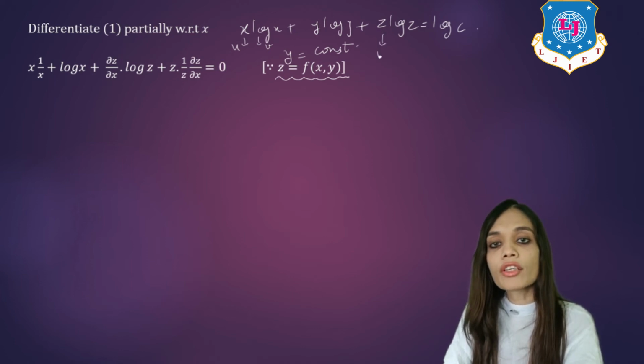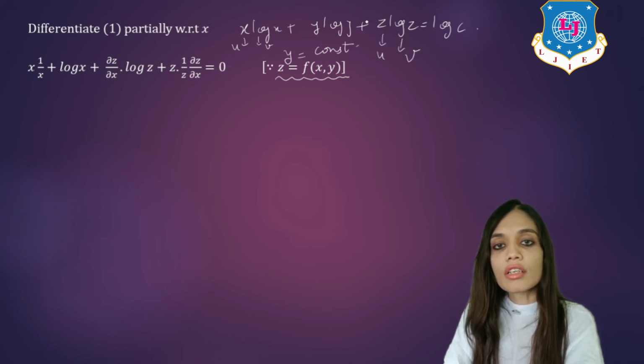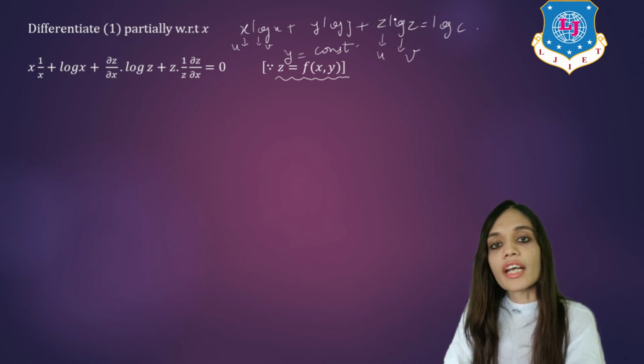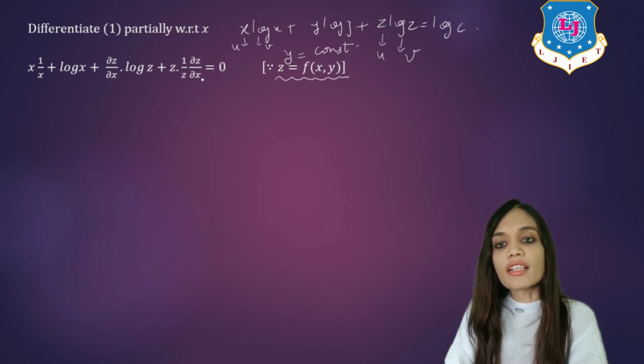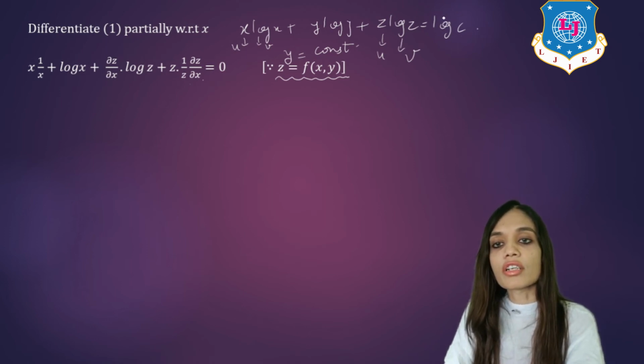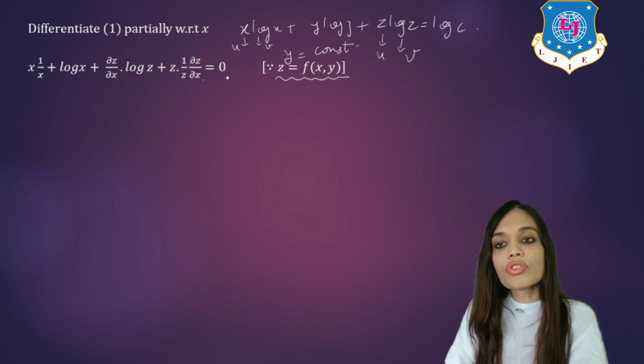Again we have to apply the u-v rule in this. So keep log z as it is, derivative of z will be equal to del z by del x, plus keep z as it is and the derivative of log z will be 1 upon z into del z by del x, and the derivative of log c, this is constant again, so it will be equal to 0.